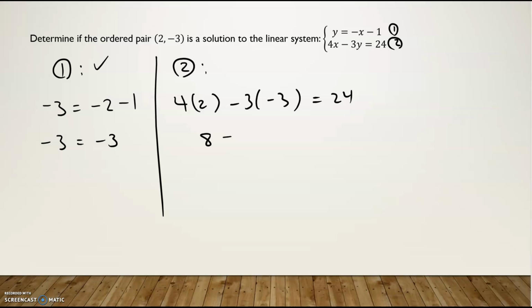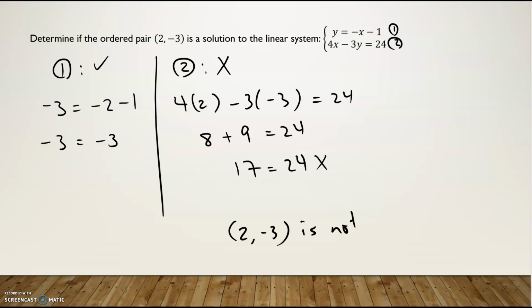That will be 8 plus 9 is equal to 24. 17 is equal to 24. Okay, that is not true. So because one of the equations came out to a false statement, we can say (2, -3) is not a solution to this linear system.